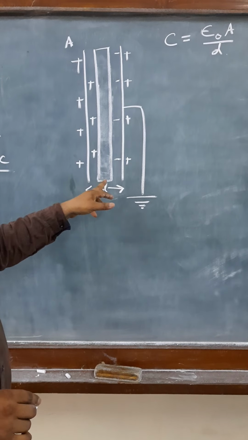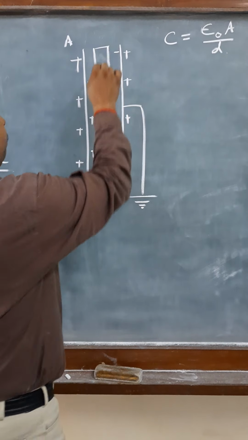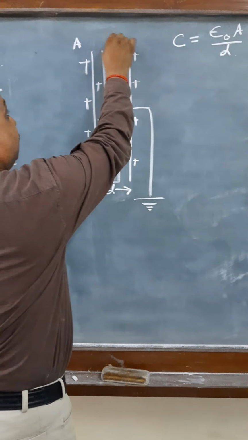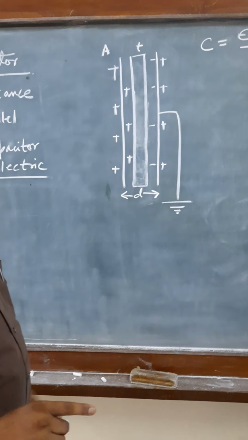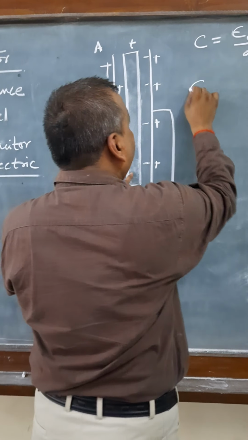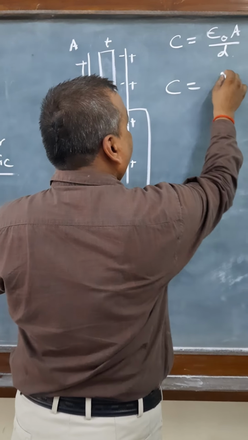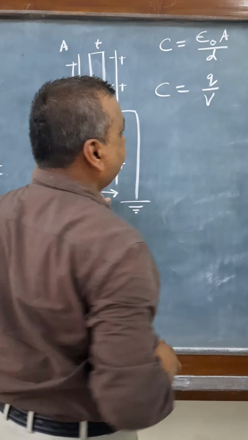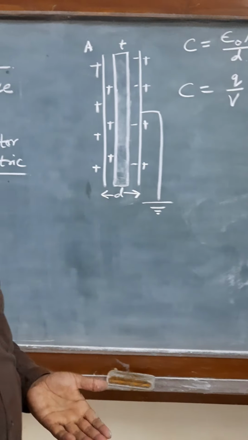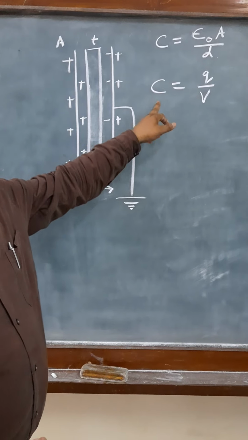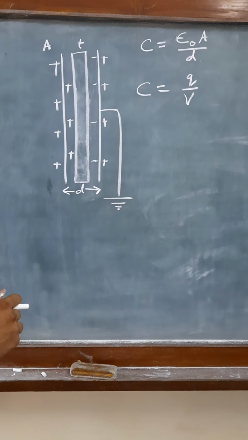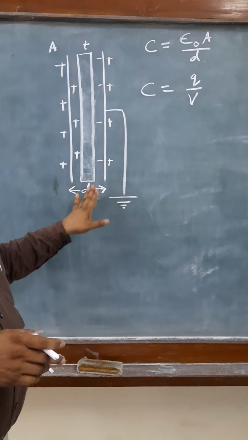Now we have inserted the dielectric slab of thickness t. Whenever we have to find the capacitance, we need the value of the potential, then it is easy to find the capacitance. So now we have to find the potential in this case.